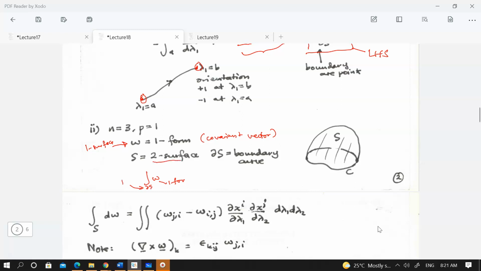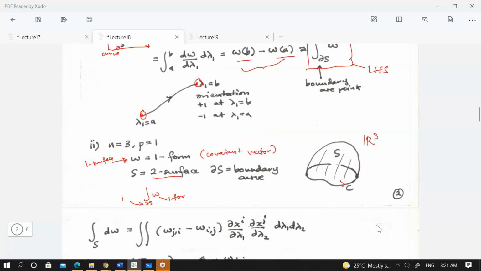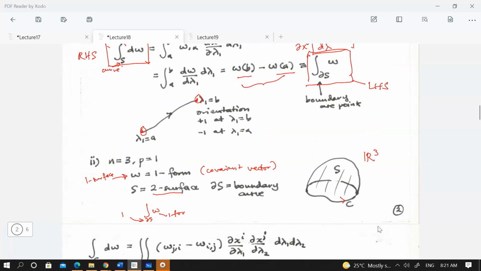So in other words, this is the kind of picture that we have. Here we are really thinking in terms of R3. You have this container space in some sense that includes all these surfaces and curves. So you have this surface, and the boundary of this surface is given by this curve. The other thing that I should have mentioned earlier is that there is a kind of orientation rule.